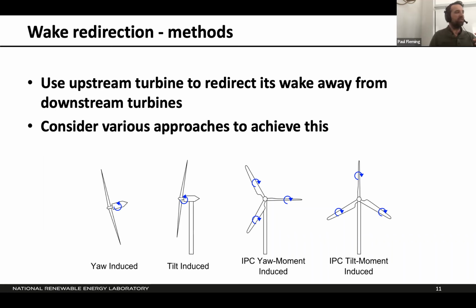And so here we've looked in the past at using changes to the yaw angle, which is usually called wake steering, changing the tilt angle, and then trying to do something where you introduce an asymmetric moment into the flow using independent pitch control. Of these, really wake steering has proved to be the most promising.